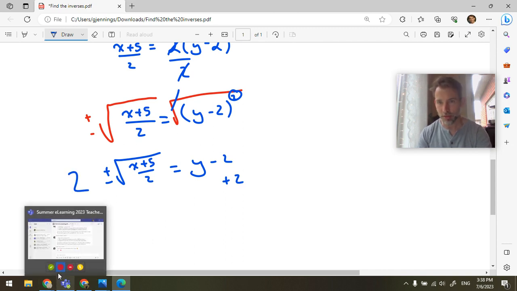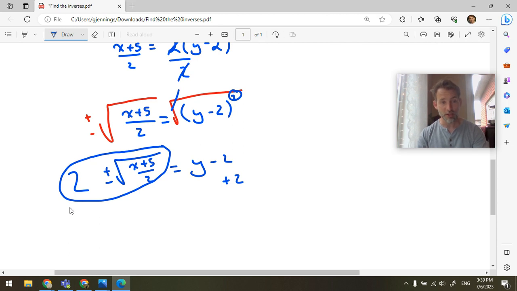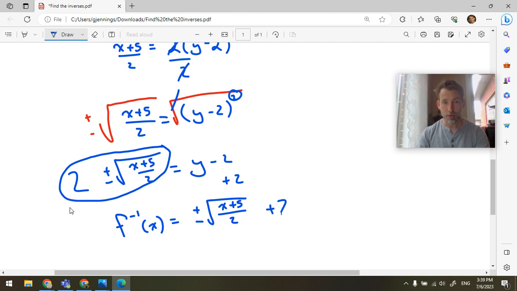There, 2 plus or minus that. Now we're done. This is the inverse of that function. So I might finish off by writing it this way. f inverse of x is equal to plus or minus the square root of x plus 5 divided by 2, plus 2.